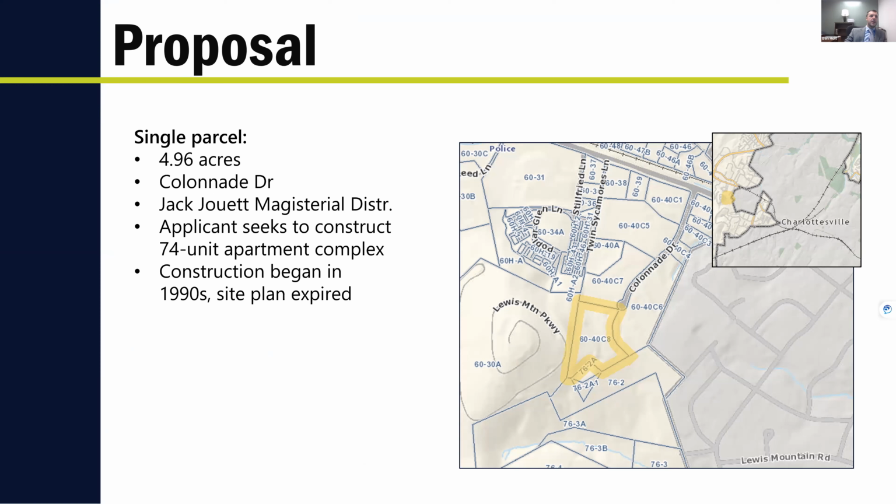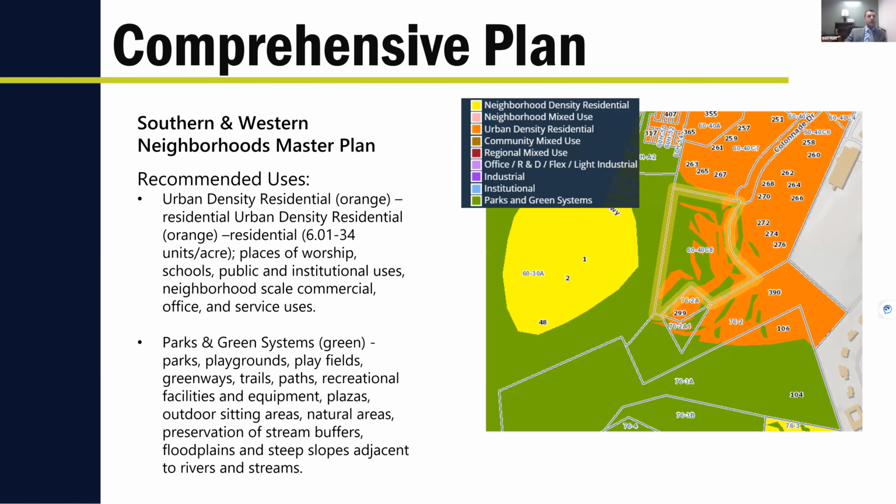This is within the Jack Jouett Magisterial District. And ultimately, the applicant would like to construct a 74-unit apartment complex. There's some more history behind this project. The applicant, Mr. Collins, can go into that in greater detail, but construction was initially begun in the 1990s, and that project was ultimately halted, and that site plan has since expired.